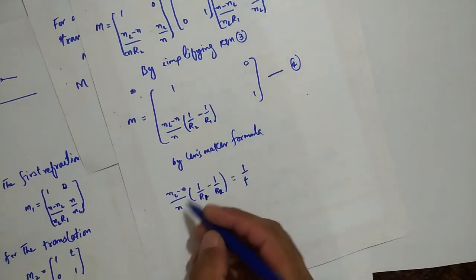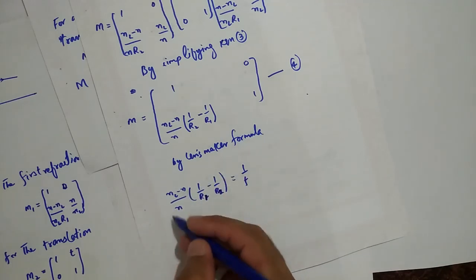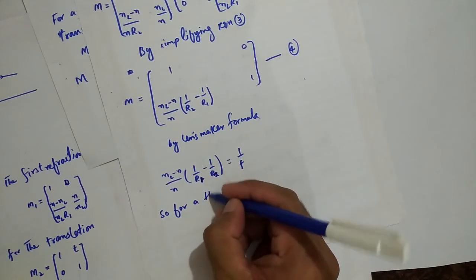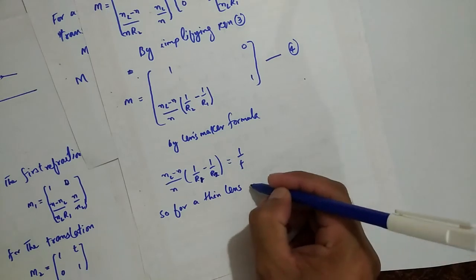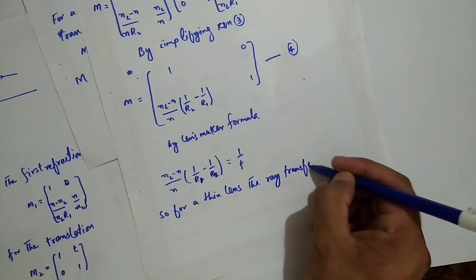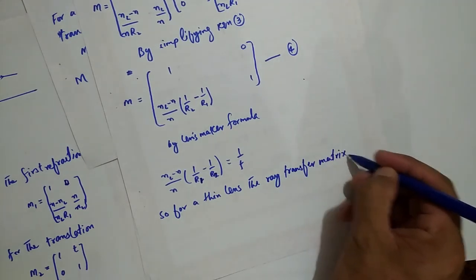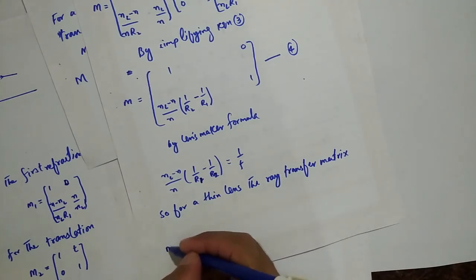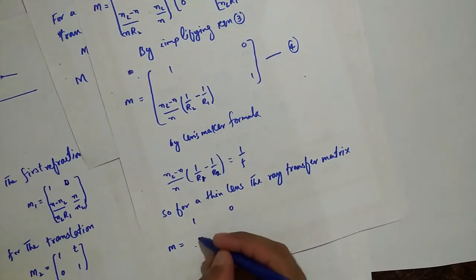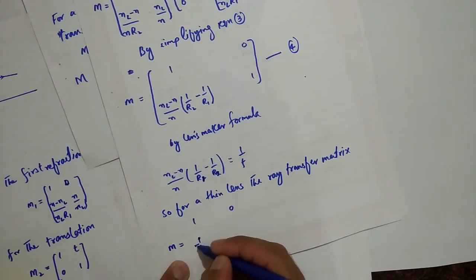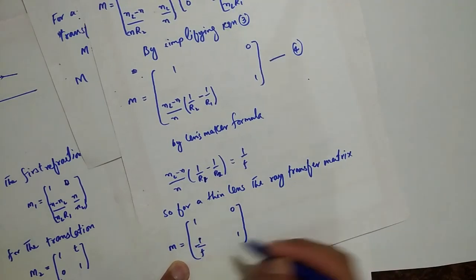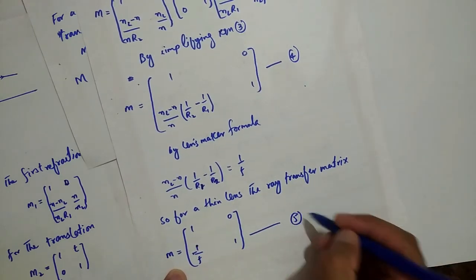Therefore, for a thin lens, the ray transfer matrix would become M is equal to 1, 0, minus 1/f, 1. This is the ray transfer matrix for a thin lens. This is equation number 5.